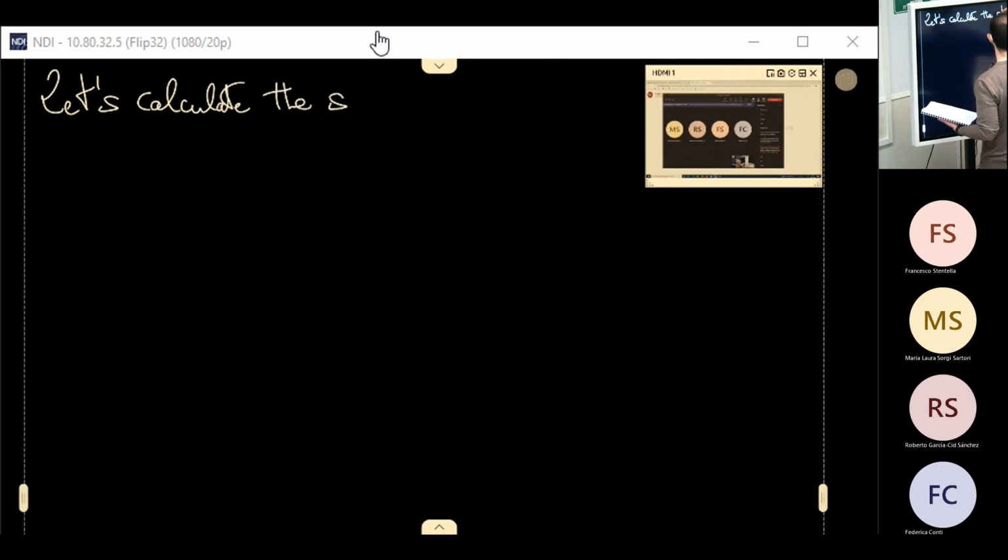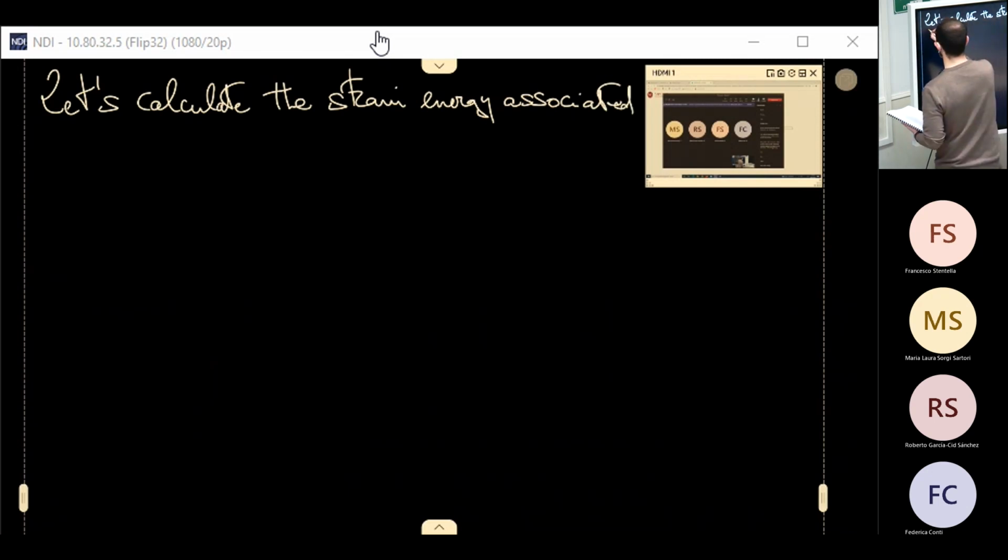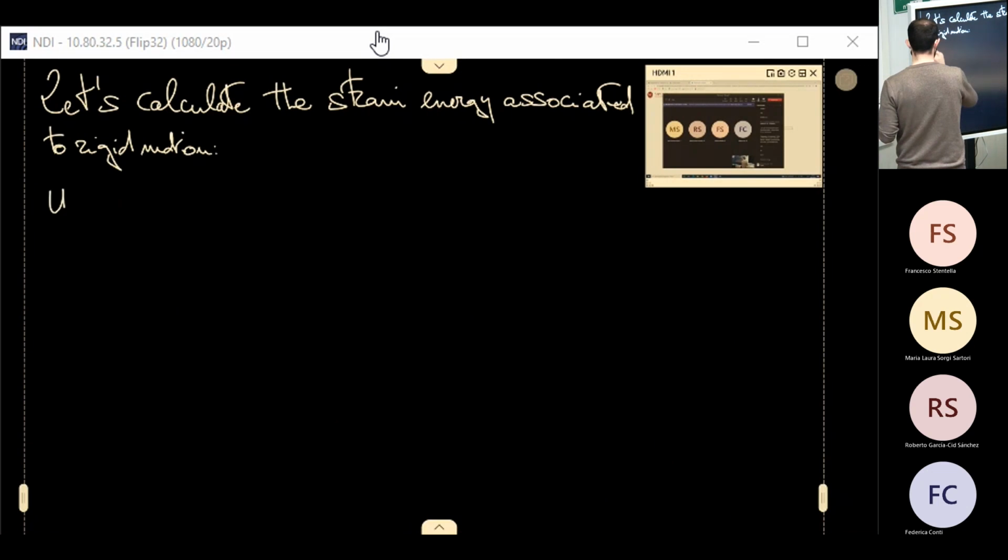The strain energy. In this case, we can estimate the elastic energy as follows.